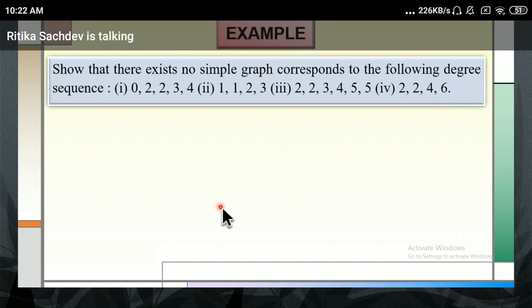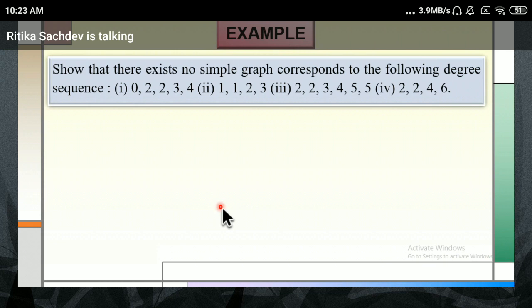Please recall the handshaking lemma. What was the handshaking lemma? The handshaking lemma had said that the summation of all the degrees of all the vertices in a graph is equal to 2 times the number of edges.